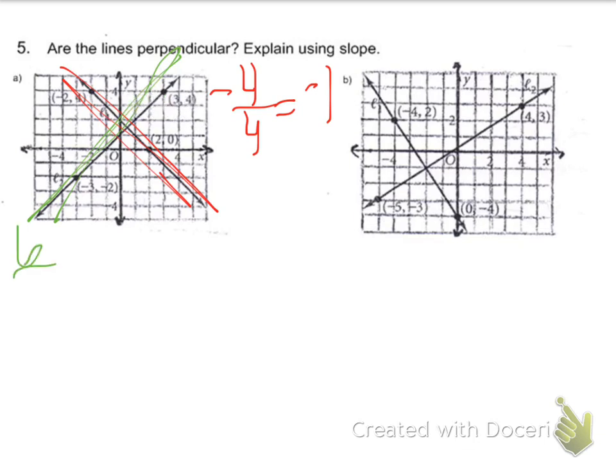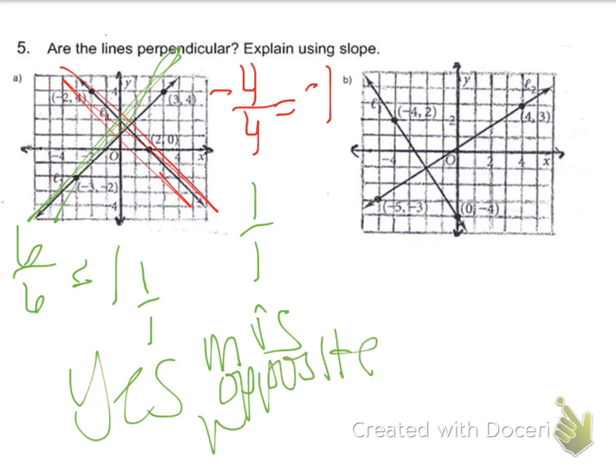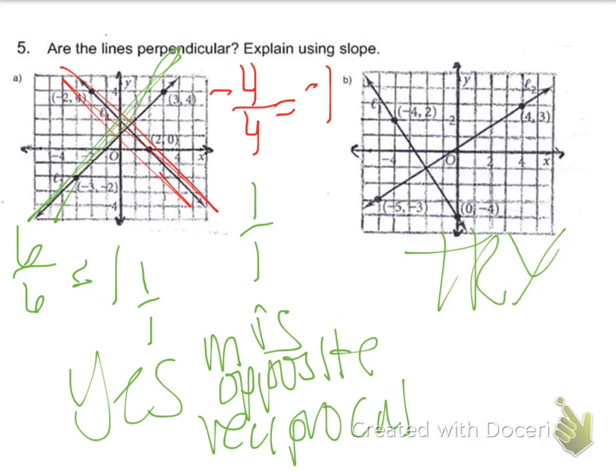So this one is 6/6, which equals 1. So they need to be opposite reciprocals. Well, yes, they're opposites because this is a -1 and this is a +1. And technically they're reciprocals because that's 1/1 and that's 1/1. So yes. Why? Our slope is opposite reciprocal. I want you to try part B.